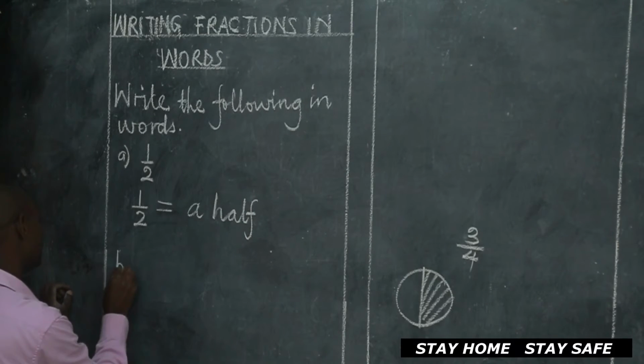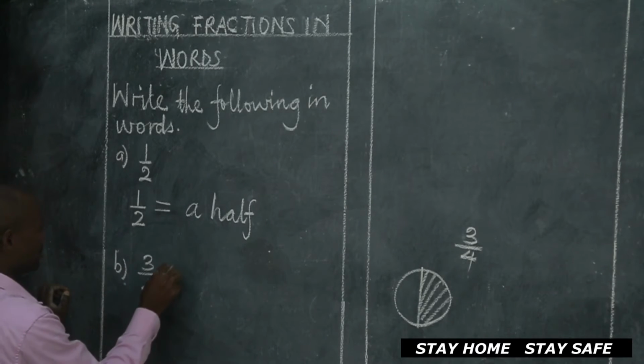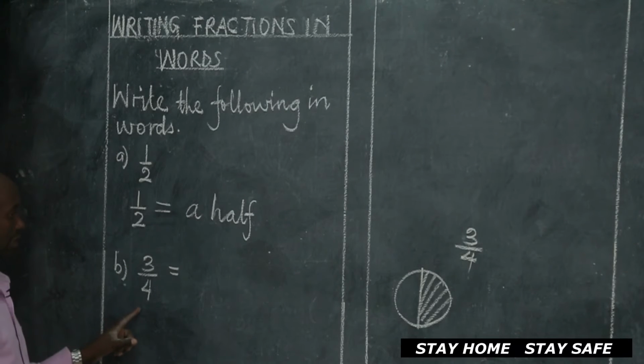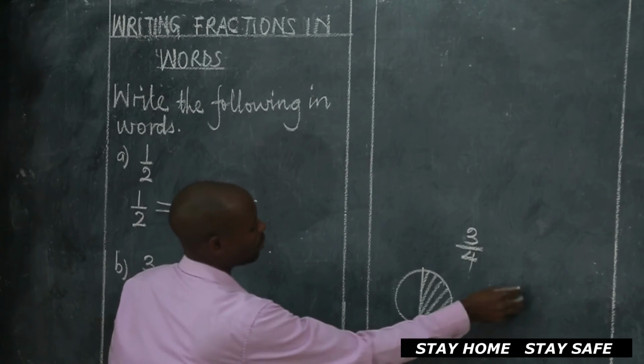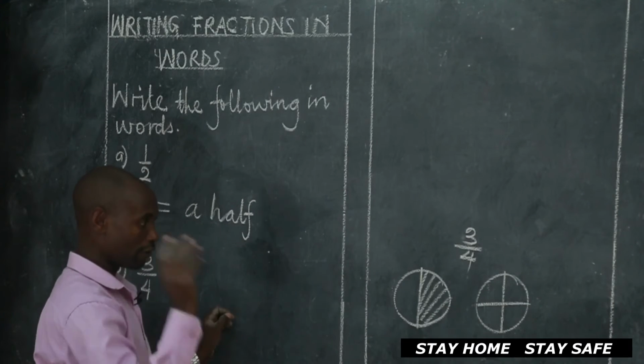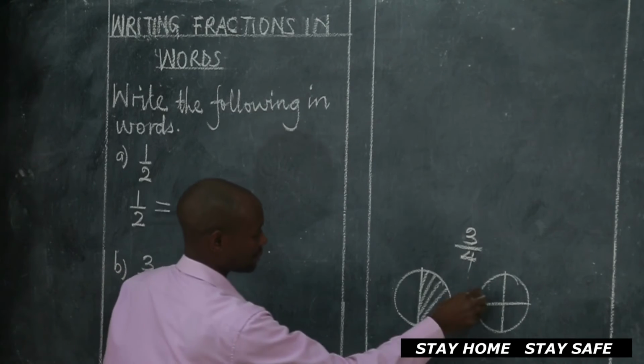What about if I give you 3 out of 4? This one comes from a whole divided into 4. So we have the 3 parts.